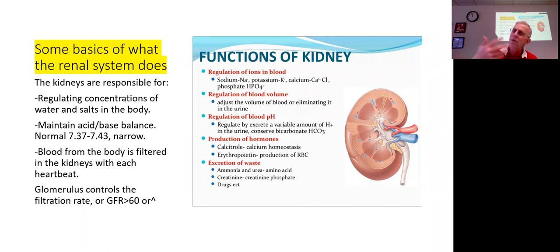Now it can be given during dialysis in the intravenous form, but is necessary for the continued production of red blood cells. And of course, the excretion of waste products, and of course, drugs. Anything you ingest has a very good chance of being processed through the kidneys first.